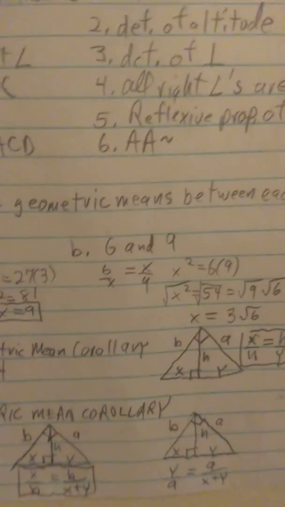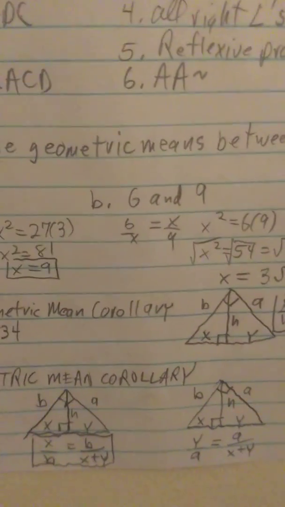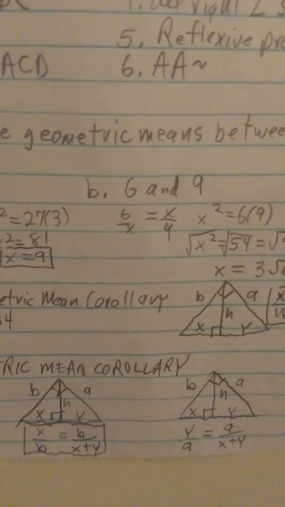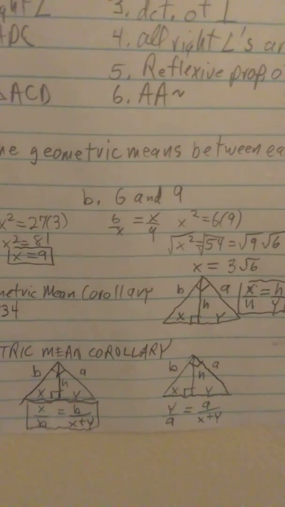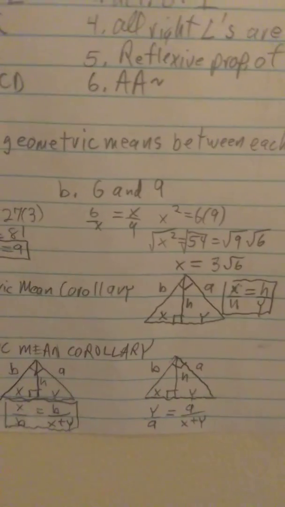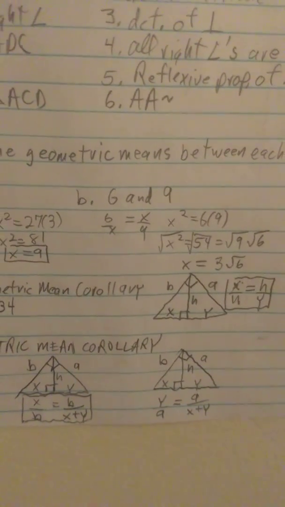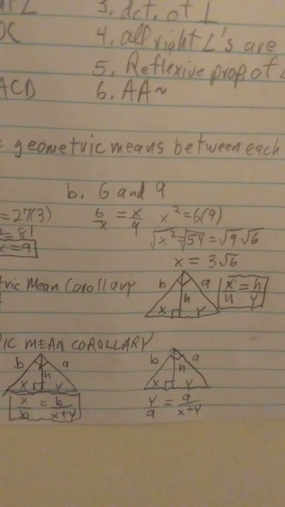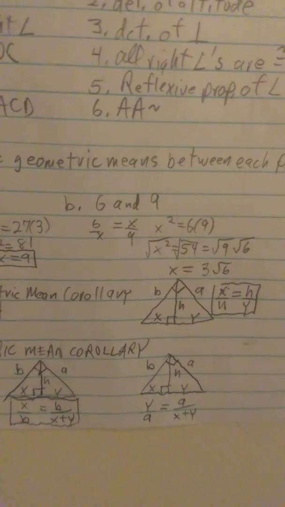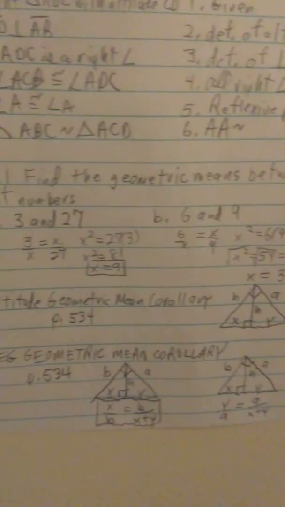And to find the geometric mean between 6 and 9, we set up 6 over x equals x over 9, x squared equals 6 times 9 or 54. Now when we square root 54, we want to look at the square root of 9 because that comes out as 3 times the square root of 6, so x is 3 square root 6.